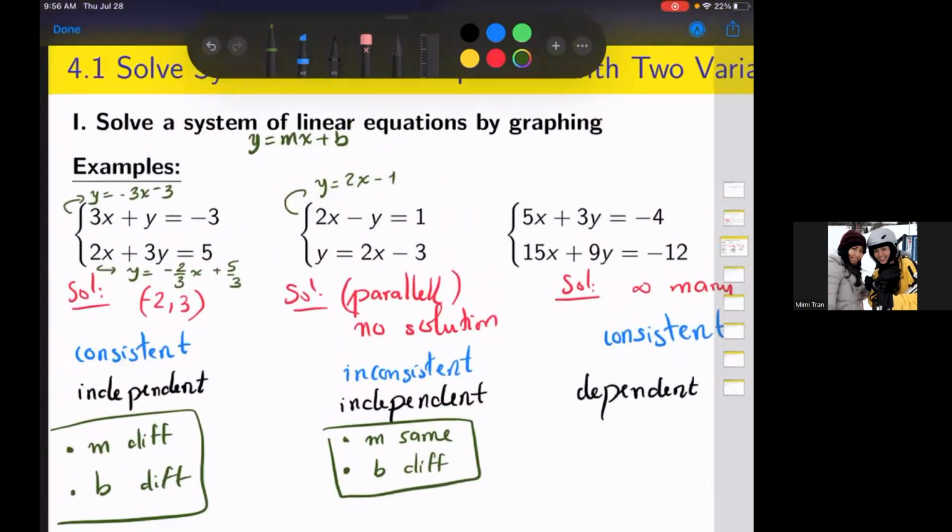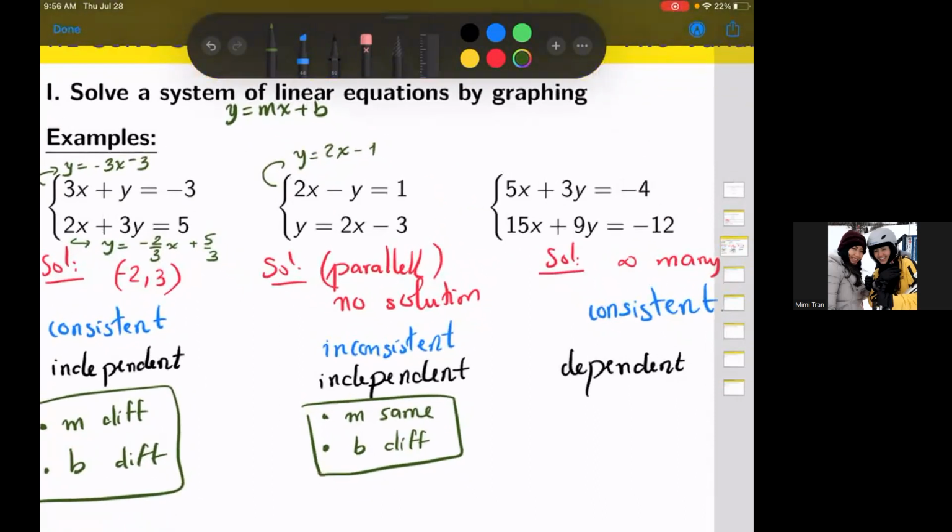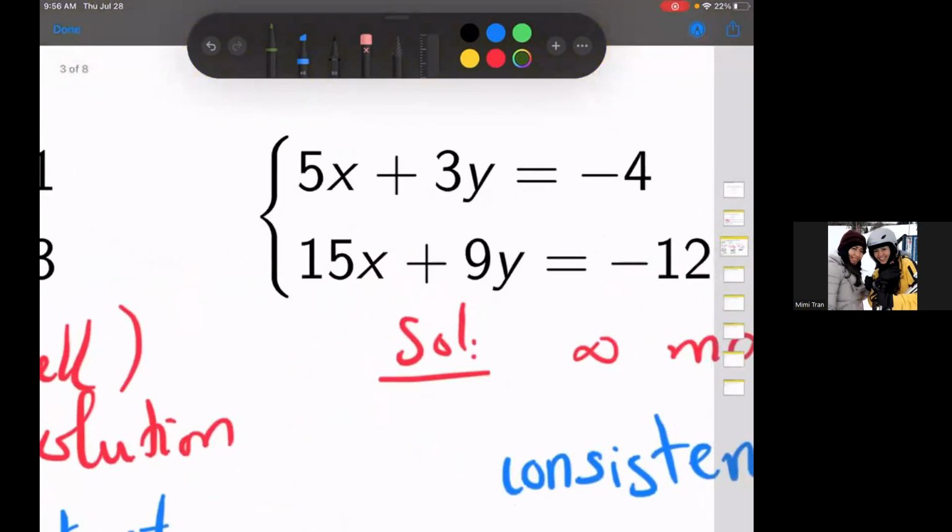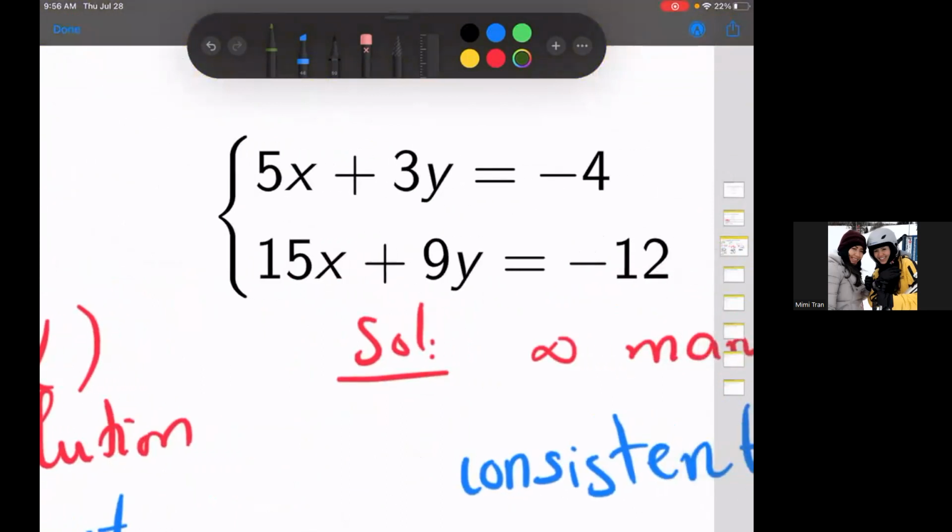If you look at the third one, the third system of equations, can someone tell me what you see? There's something about the third, the first and the second. I'm talking about the third one. The second one is triple the first one, right?